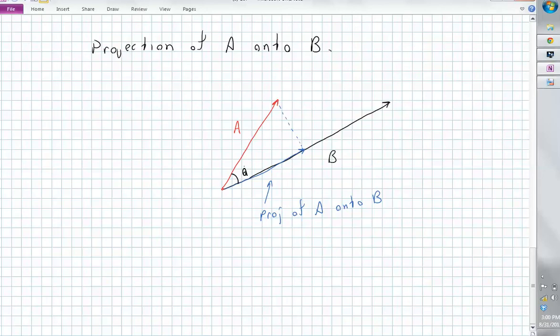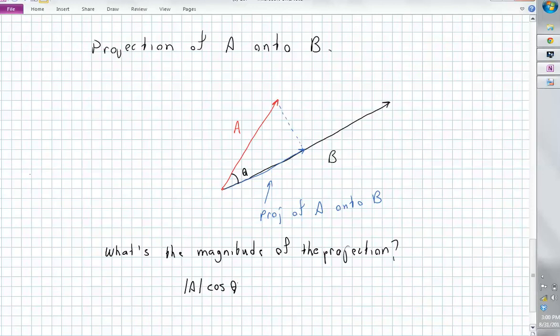Can we figure out the magnitude of this blue vector? Ideas? We have a formula for that. A cosine theta, anybody?